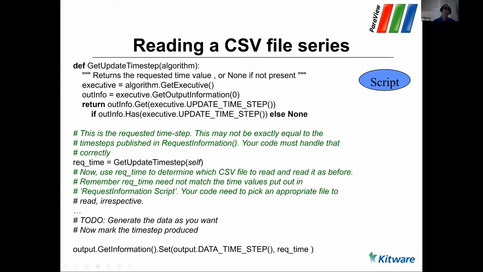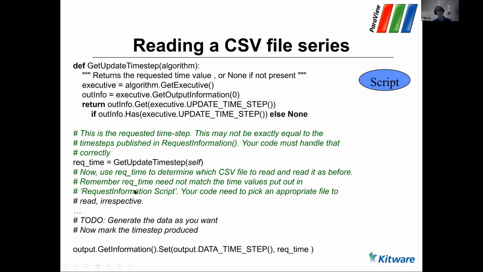So this function talks to the pipeline, talks to the executive, and figures out what is the requested time step. Yep. So we get the information object, and then this update time step tells us what is the time step that's requested. So that's a requested time step.